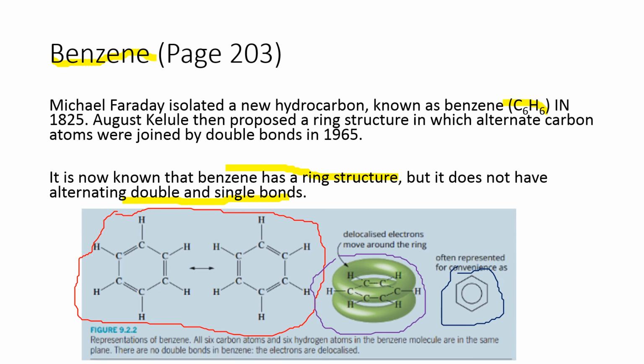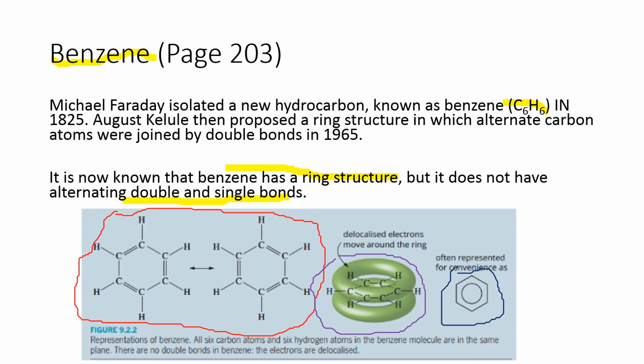So once again, benzene has the formula C6H6, and it has a particular ring structure, usually known as the benzene ring, which looks like a ball, as you can see in that diagram that I circled in blue.